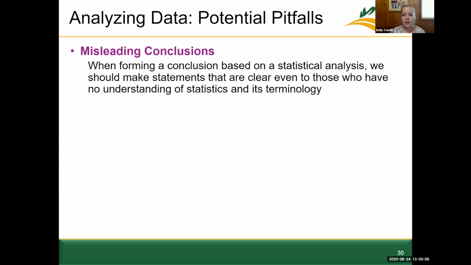Okay, so now we're going to talk about a few pitfalls that come with analyzing data. Again, I realize these are a lot of definitions and a lot of text, and we'll end up practicing these more. Okay, so misleading conclusions is one example. When forming a conclusion based on statistical analysis, we should make statements that are clear even to those who have no understanding of statistics and its terminology.